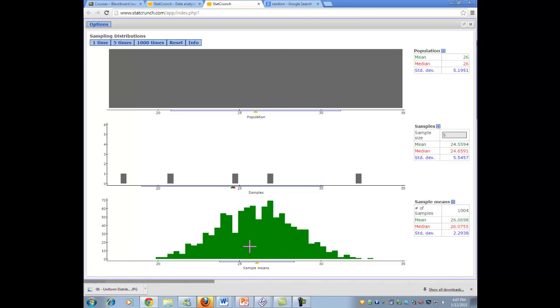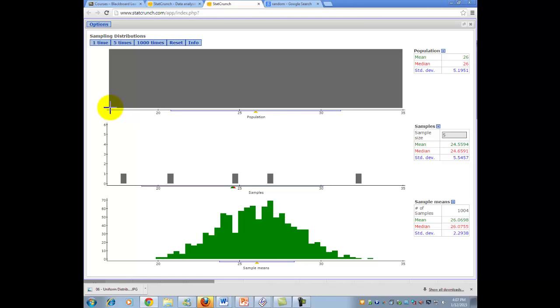So this is what happens when we take samples from a population. Instead of using these 5 values individually, we average them, and we use that average to represent the sample and build a distribution down here.